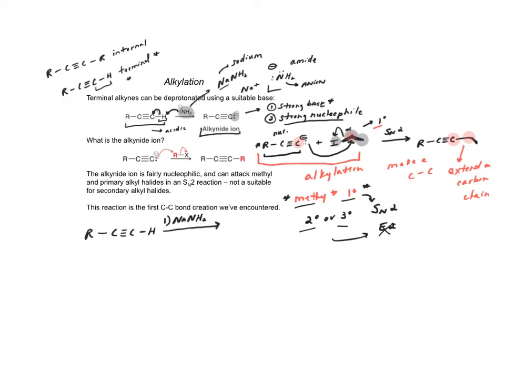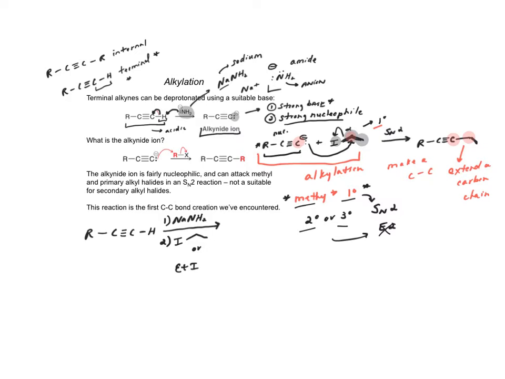Then in a second step, I would add the alkyl halide, whatever I'm trying to attach. Up here this was ethyl iodide, so we can write that either as the bond line structure of the molecule or as ethyl iodide.